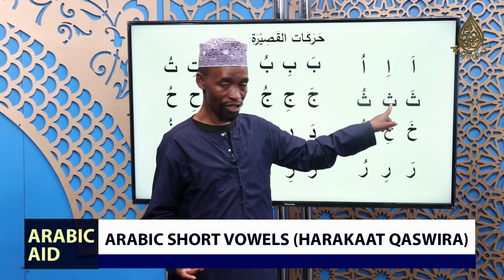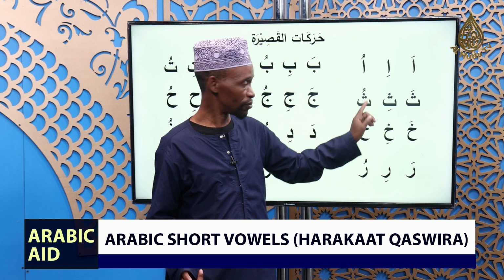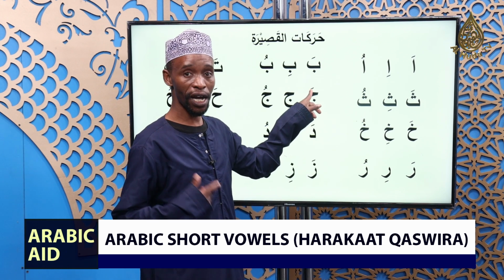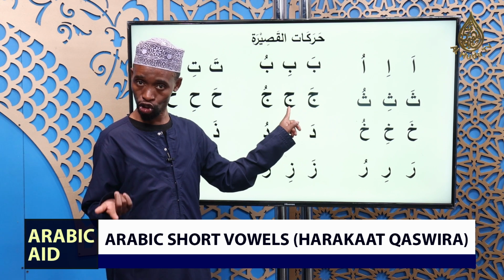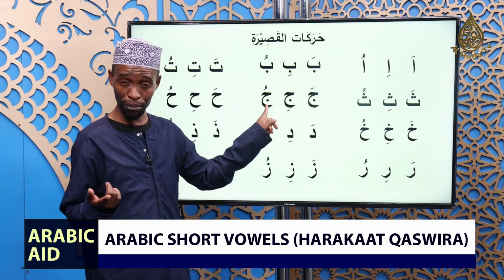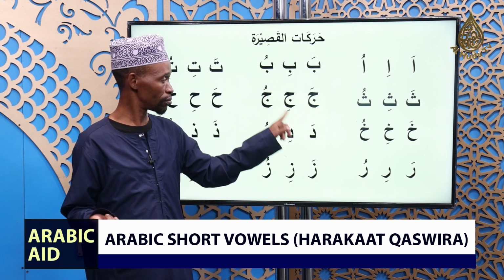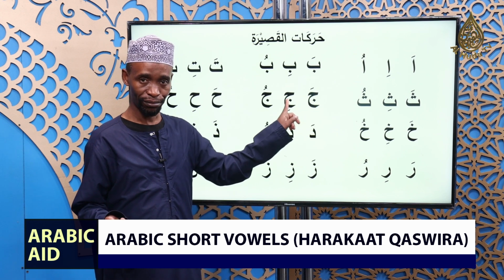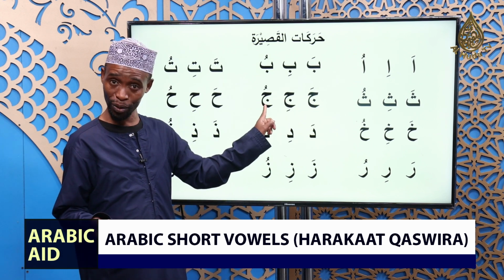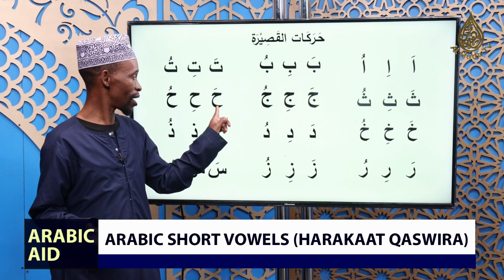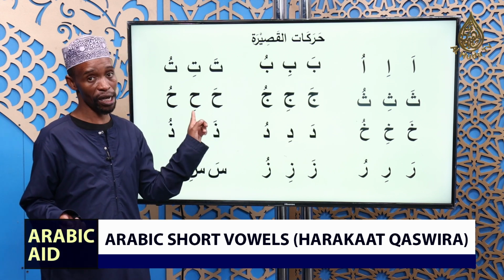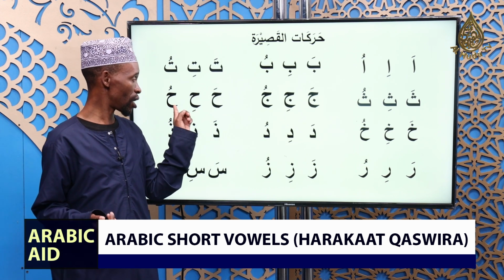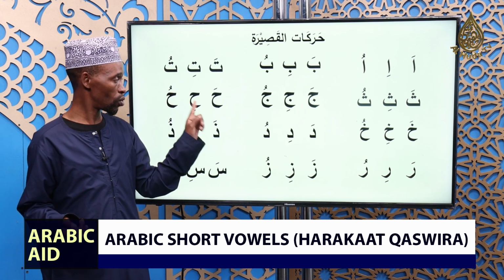Tha, Thi, Thu. Jim, fatha, Ja. Jim, kasra, Ji. Jim, dhamma, Ju. Ja, Ji, Ju. Ha, fatha, Ha. Ha, kasra, Hi. Ha, dhamma, Hu.